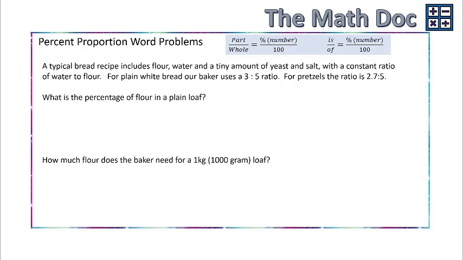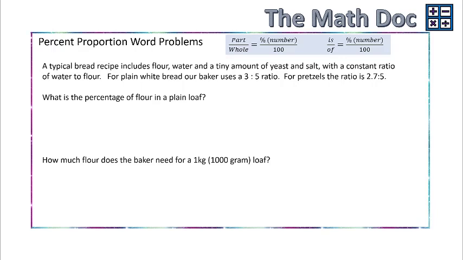So this is a baking problem. A typical bread recipe includes flour, water, and a tiny amount of yeast and salt with a constant ratio of water to flour. So usually bakers have a constant ratio of their water to flour when they bake bread. In this problem, for plain white bread, our baker uses a 3 to 5 ratio of water to flour.